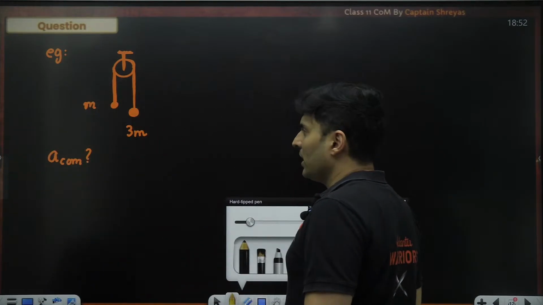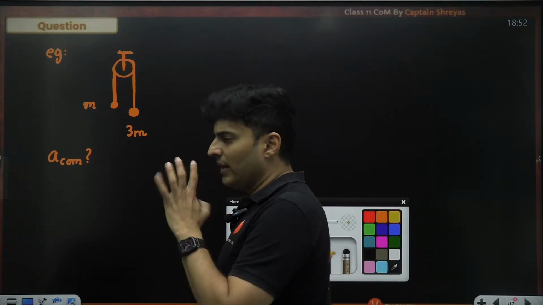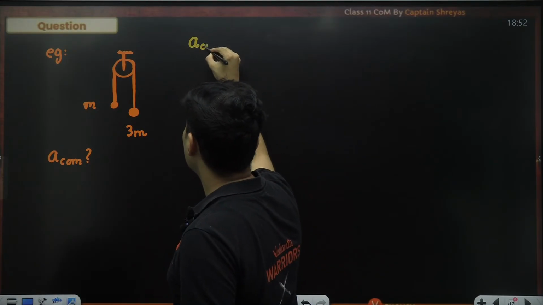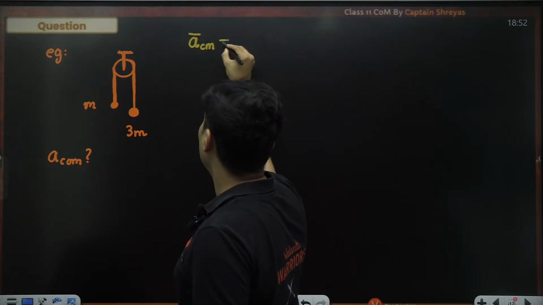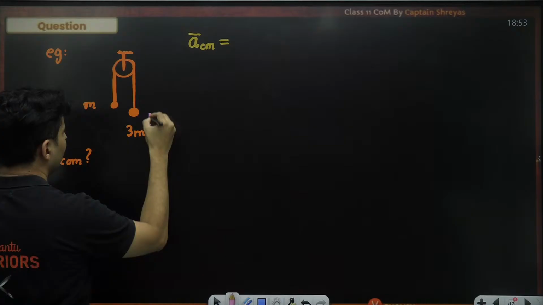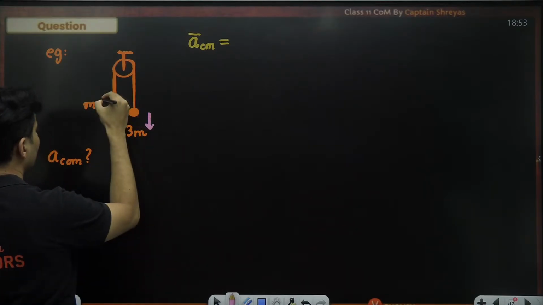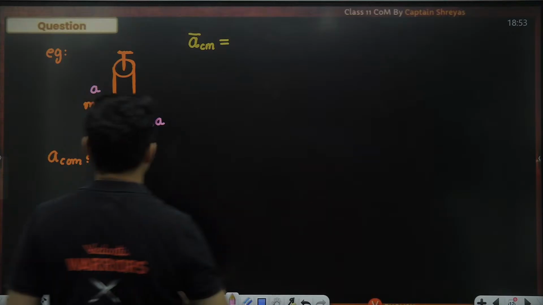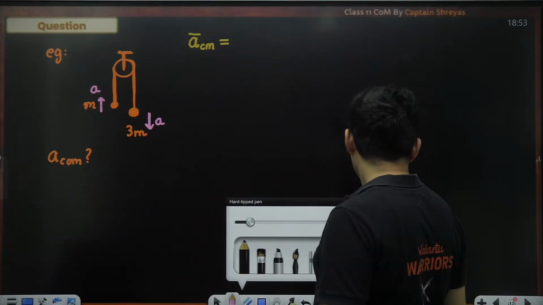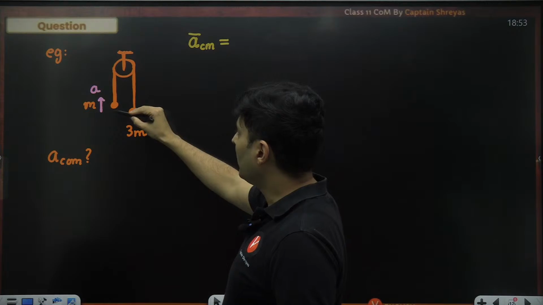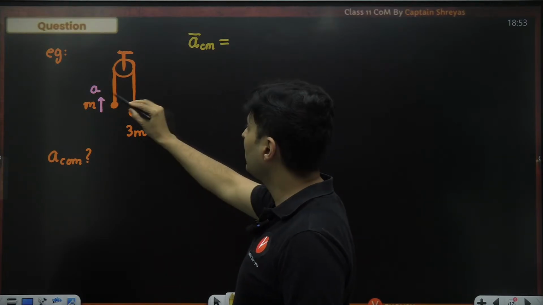So the first thing I will do is use the formula for the acceleration of the center of mass. I know that this one is going to come down and this one is going to go up by the same magnitude. So if I write it as a vector equation, upward is positive and downward is negative.